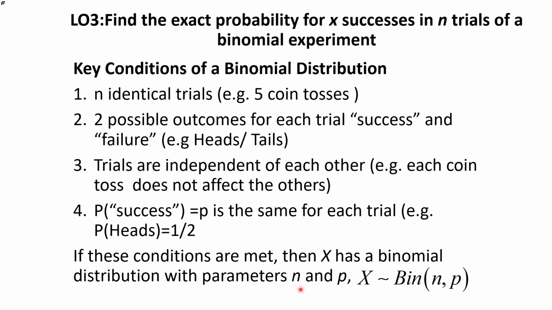So n is simply the number of trials, and p is the probability of success. So this is how you write your binomial distribution: X is binomially distributed with parameters n and p. So n, again I repeat, is the number of trials, and p is the probability of success.